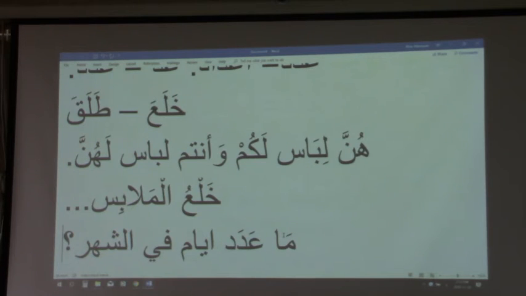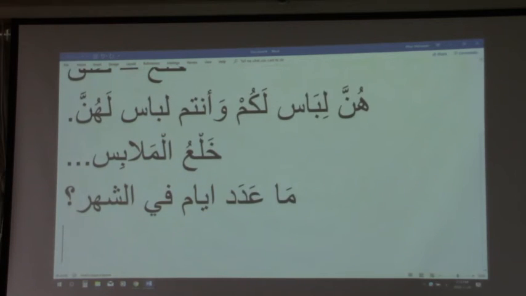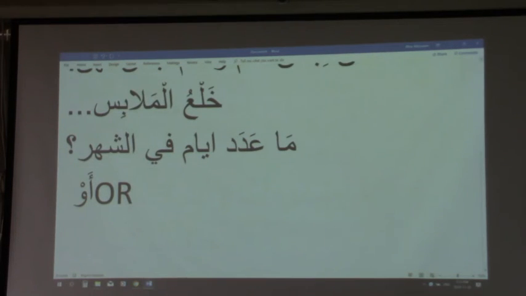29 or 30, in the Islamic calendar. What's 29? 29 aw 30. What's aw? In Urdu it's ya, in English it's "or". In Urdu, wa means "and".